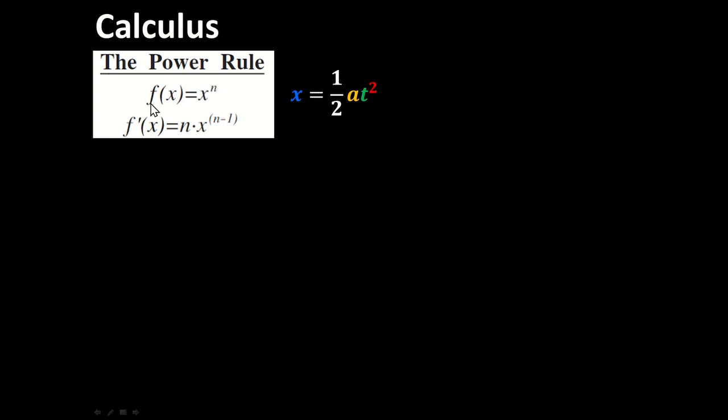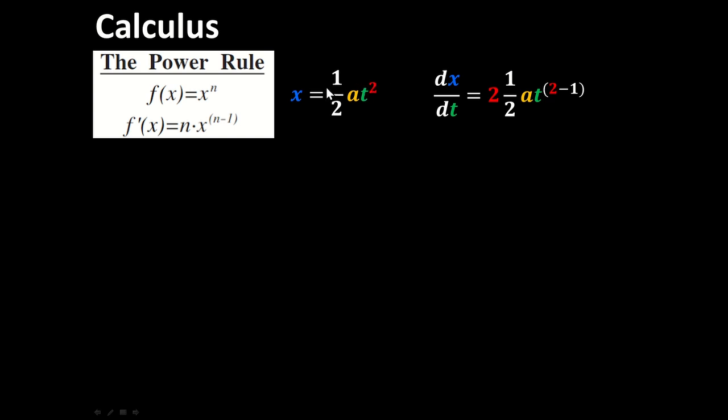This is what in calculus is called the power rule, that if I want to take the derivative, which is dx dt, all I have to do, and it's called the power rule, it works for any polynomial, you take that 2 and you bring it down in front, and then you subtract 1 from the exponent. So if I want to take the derivative of this, x to the n, I bring the n down in front, and I subtract 1 from n.